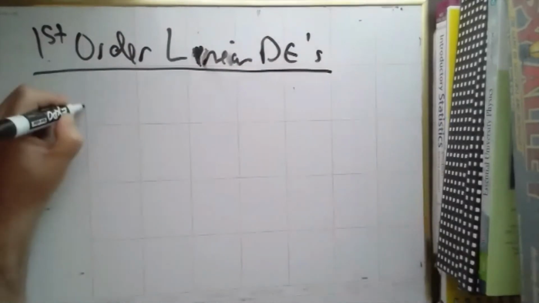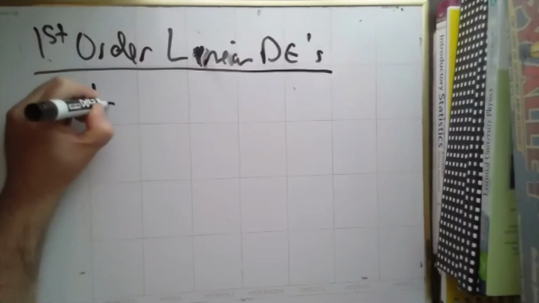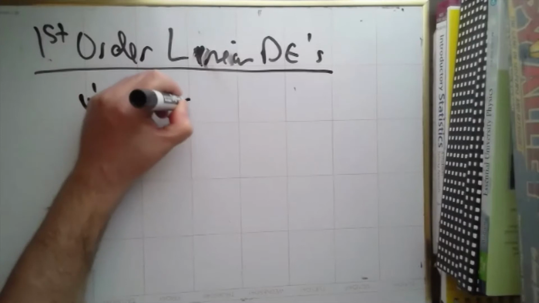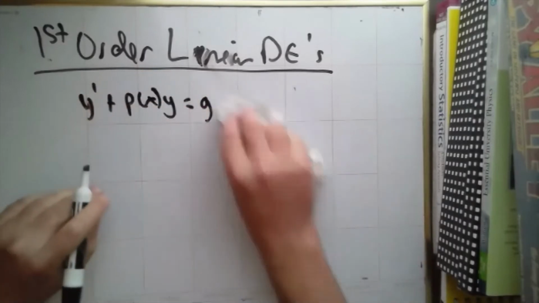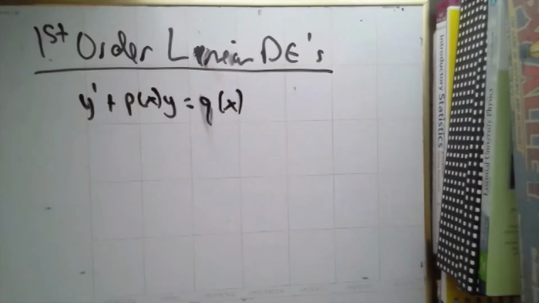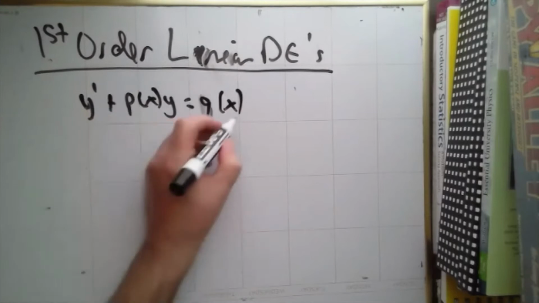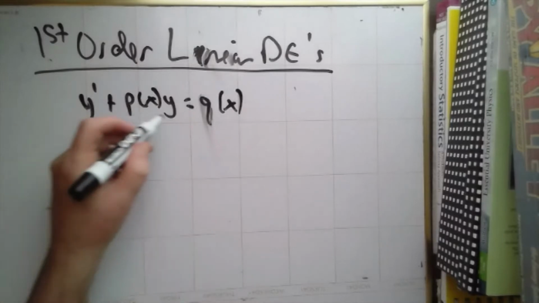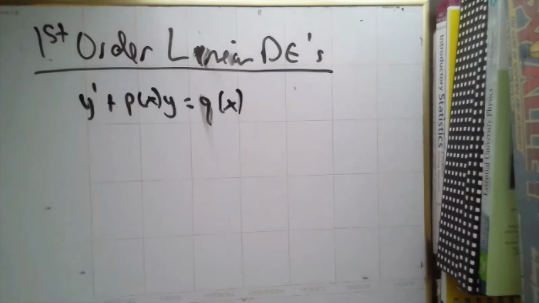All of these can be written something like this. If you have a first order linear DE, you can write it out like this, where P of X and Q of X are only functions of X. And again, those might be nonlinear functions of X, but nothing nonlinear in Y.